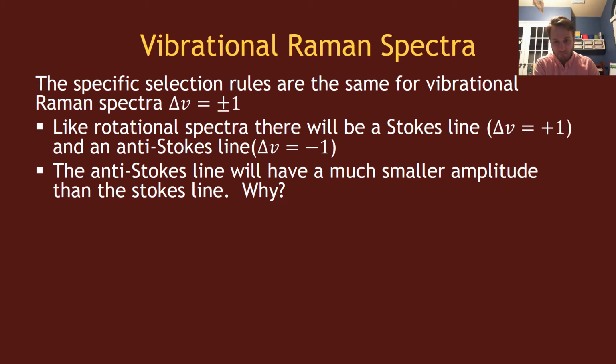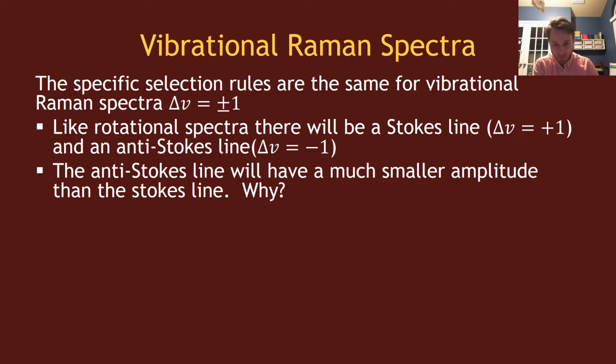But unlike rotational spectra, where if I plotted a spectrum I'd have this Rayleigh line that's just pure scattering, delta J equals 0, with no change in the rotational state of the molecule, and then many lines going away from it, the Stokes on one side and the anti-Stokes on the other, with multiple peaks for each.